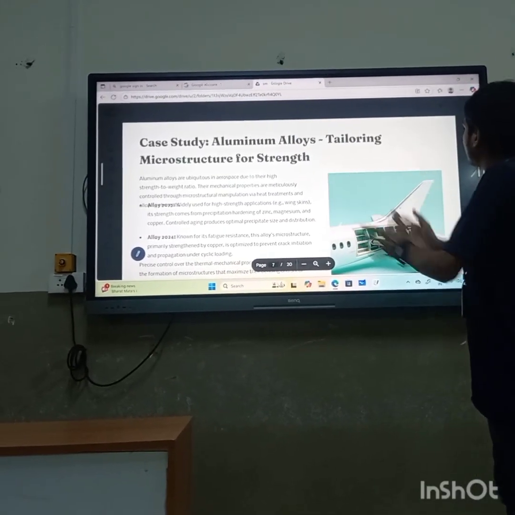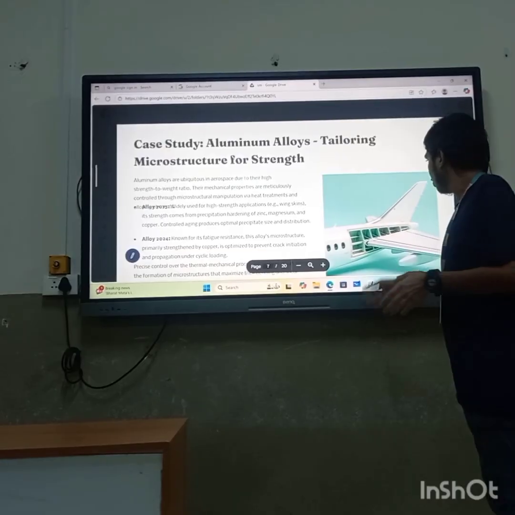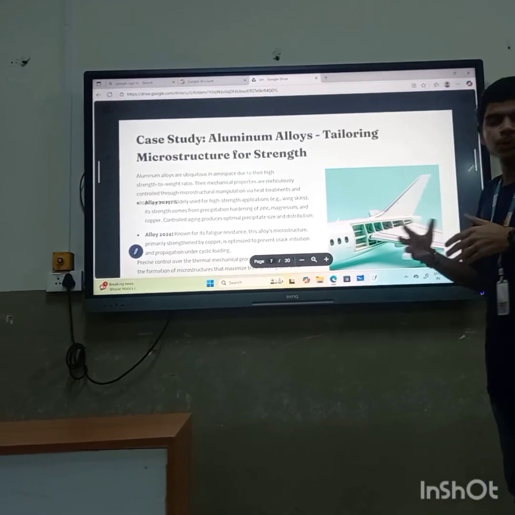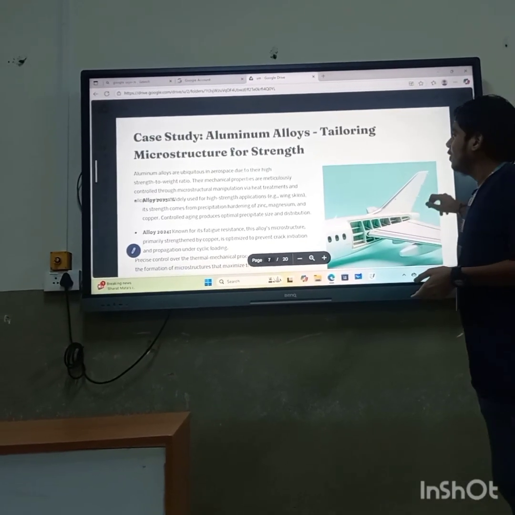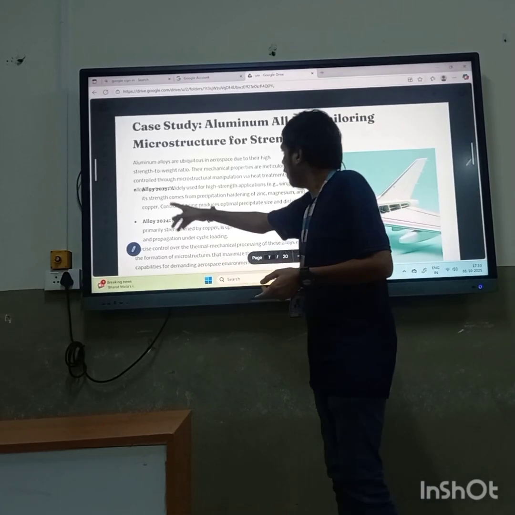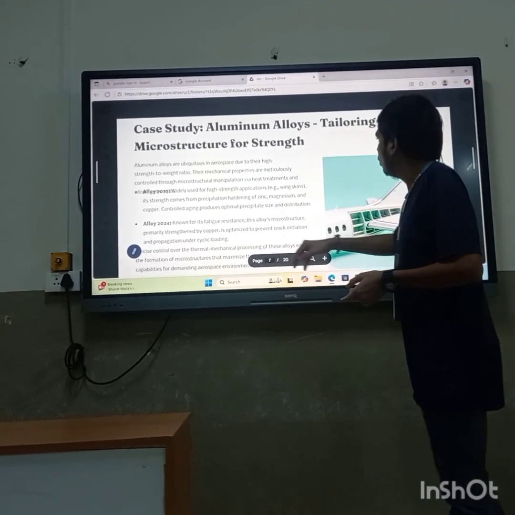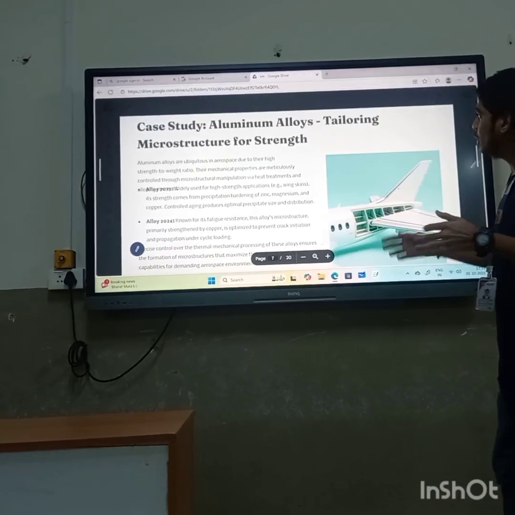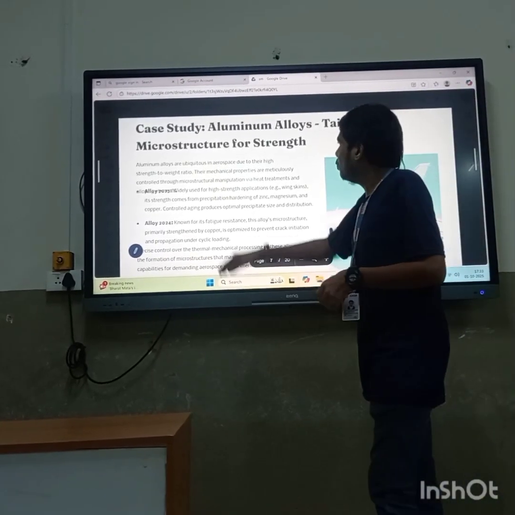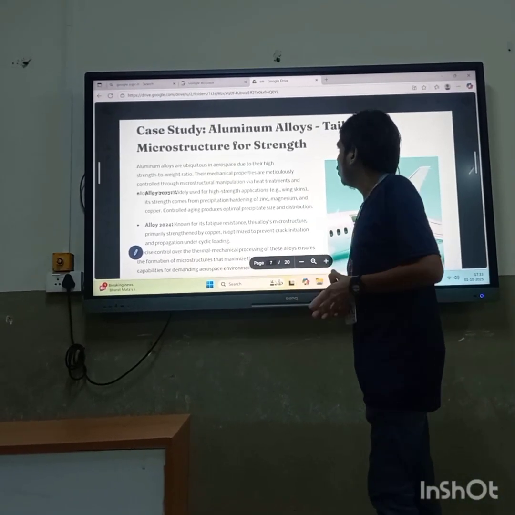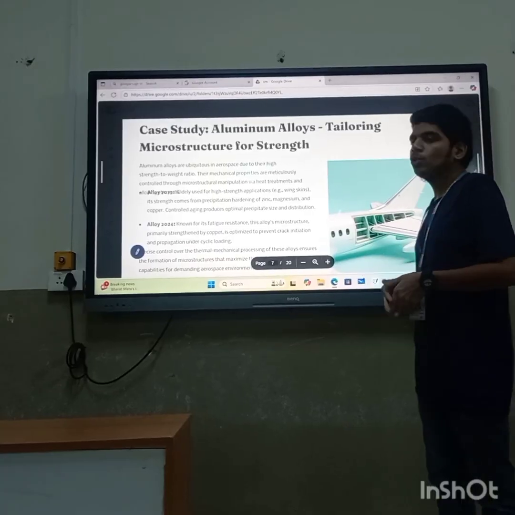Aluminum alloys are majorly used in aircraft bodies, fuselage, etc. There are two types of common alloys used in the aerospace industry. Aluminum alloys are used in aerospace for their high strength-to-weight ratio.